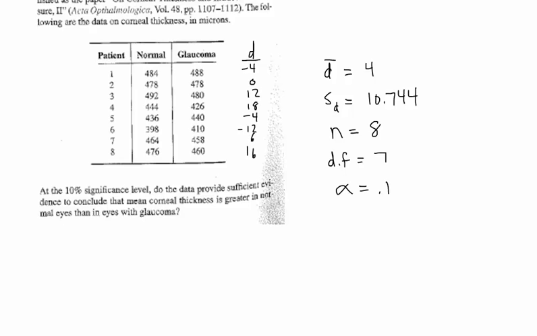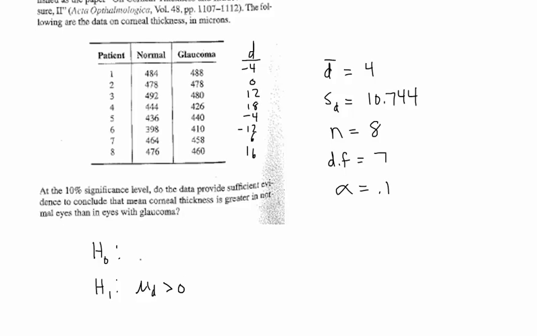So the first thing we want to do in this problem is create our null hypothesis and our alternative hypothesis. And for the alternative hypothesis, they ask us, does the data provide sufficient evidence to conclude that the mean corneal thickness is greater in normal eyes? Well, when we subtracted normal eyes minus glaucoma eyes, if the thickness was greater in normal eyes, then we would have a positive D. So we're trying to prove that mu sub D is greater than 0.